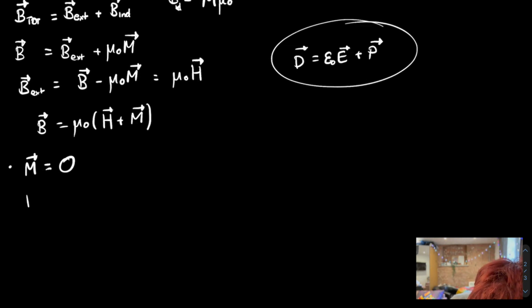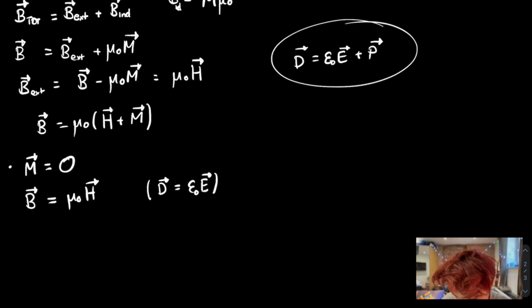Well, if M is 0, then B is just equal to mu naught times H. This is very similar to D equals epsilon naught E, which is the case when there is no dielectric material and you just have a vacuum. This is the case when there is no magnetic material, so that is the vacuum case.